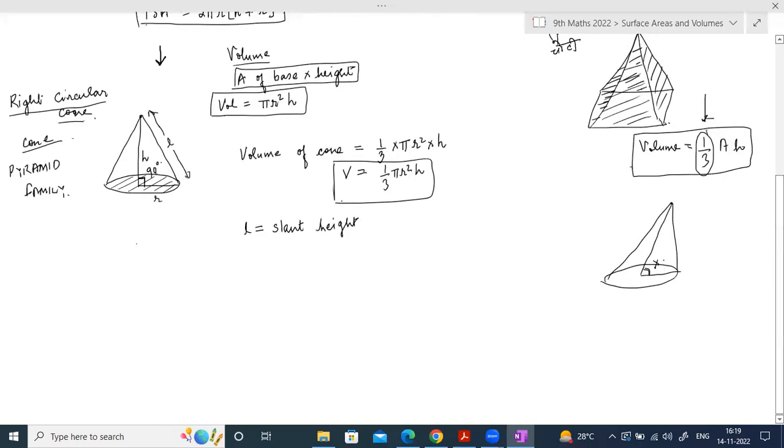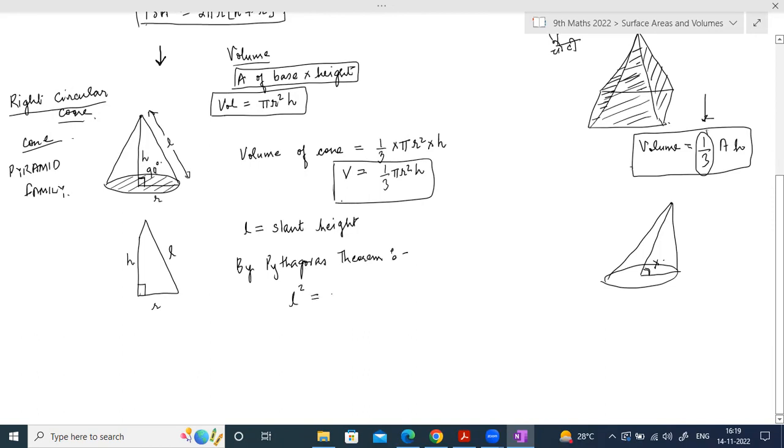Now, can you observe in this right angled triangle, we know three sides, H, R, and L. Can we not have a relationship between these three by Pythagoras theorem? L is the hypotenuse.